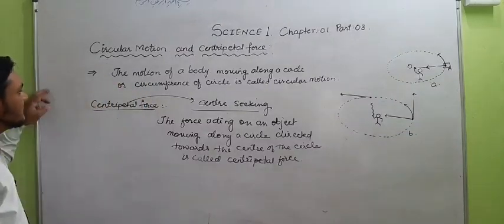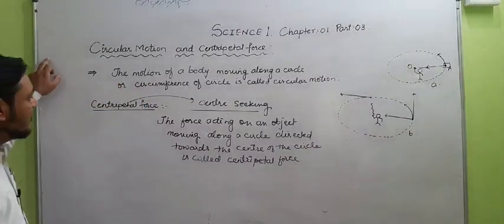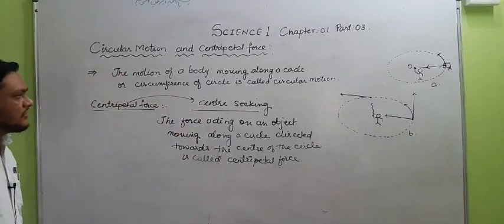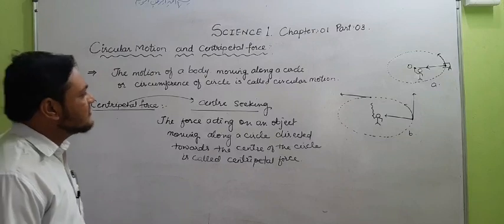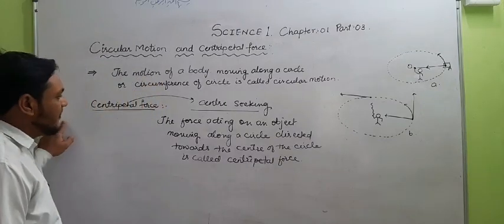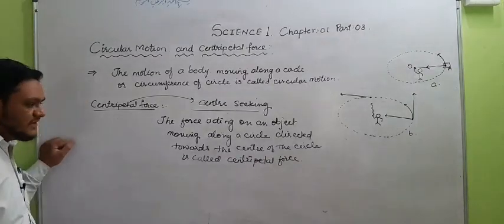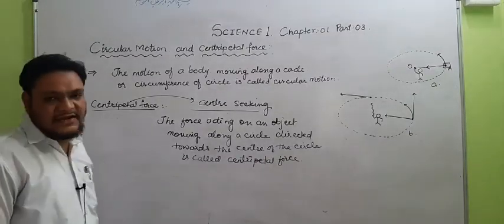So students, remember these two definitions. First, circular motion: the motion of a body moving along a circle or the circumference of the circle is called circular motion. Now centripetal force: the force acting on an object moving along a circle, directed towards the center of the circle, is called centripetal force.